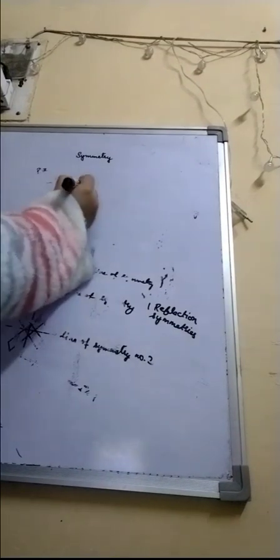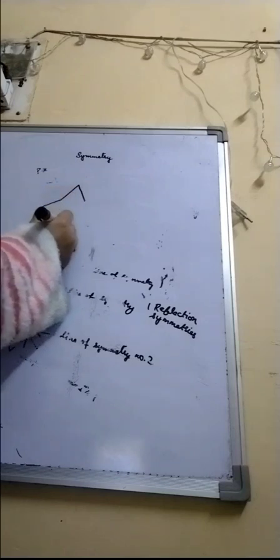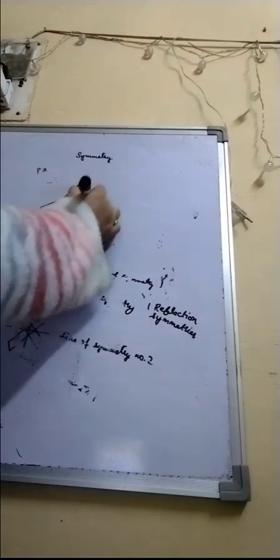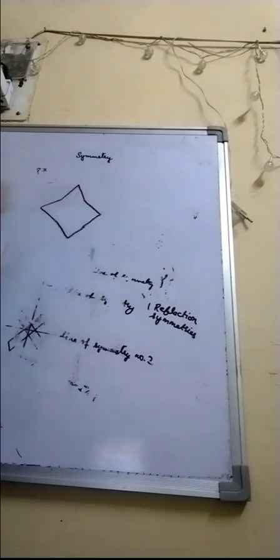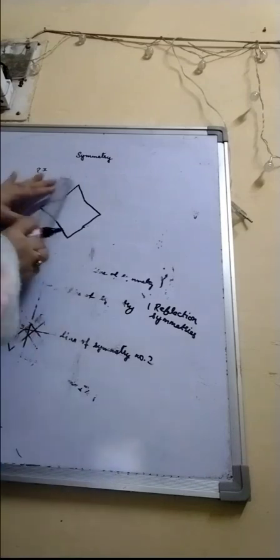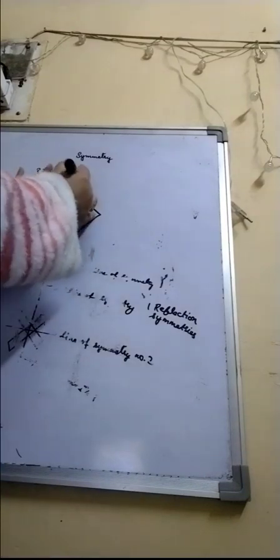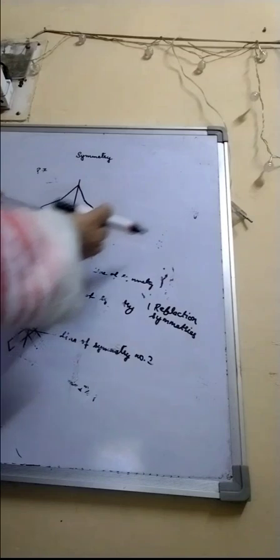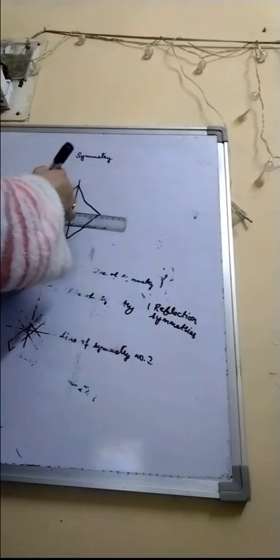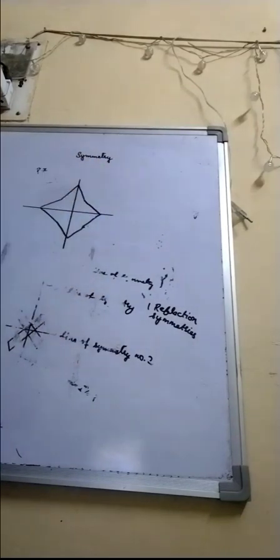Star is somewhat like this. So the next question, you have a star. What would be the line of symmetry for a star? One is the vertical line of symmetry, the other would be the horizontal line of symmetry. It would divide into symmetrical parts.